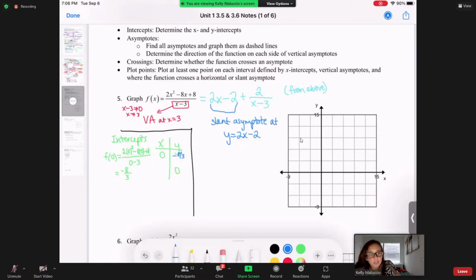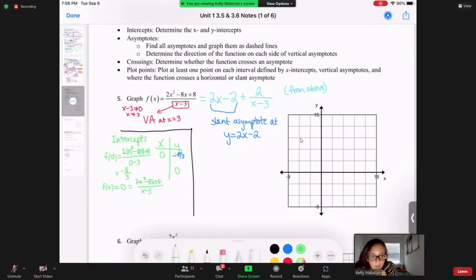And the x-intercept is going to happen when we set f of x equal to 0. So that means 2x squared minus 8x plus 8 over x minus 3 has to equal 0.